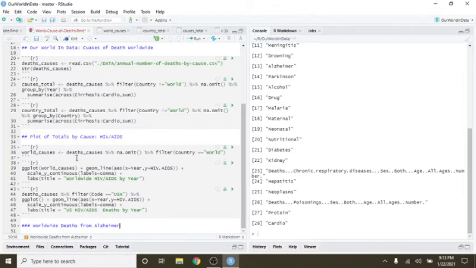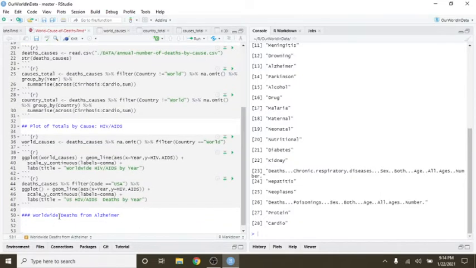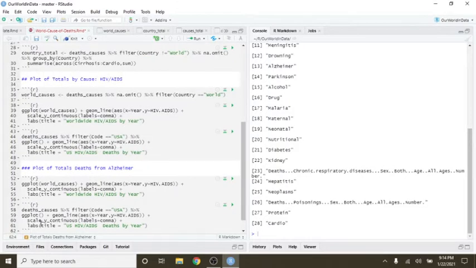Okay, let's take both of these here, and all we're going to do is, so, world causes, right?